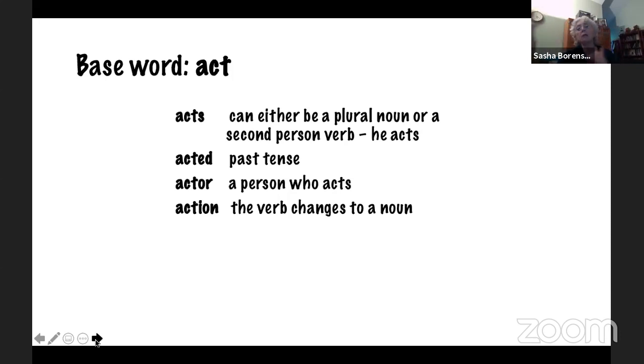I have to say what's the meaning of the suffix, as well as how do I spell it? And how do I use it in a sentence? And how do I understand it when I'm reading and doing comprehension? So that's, to me, how this all meshes together.